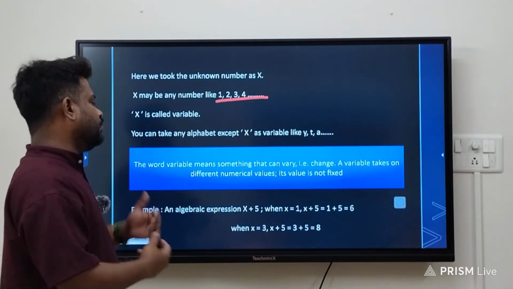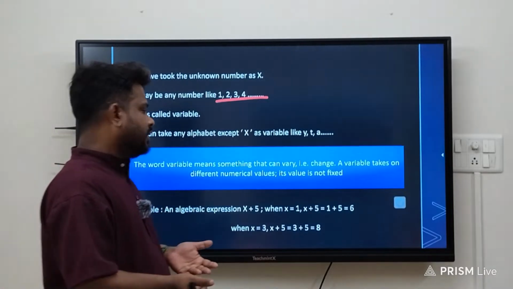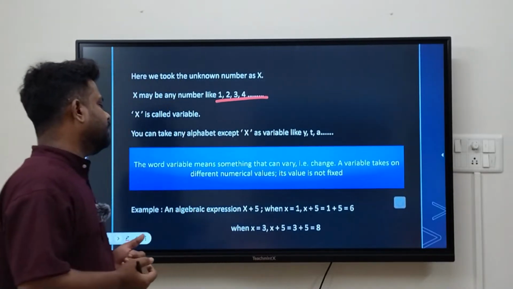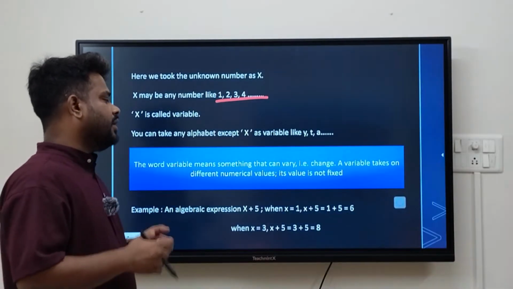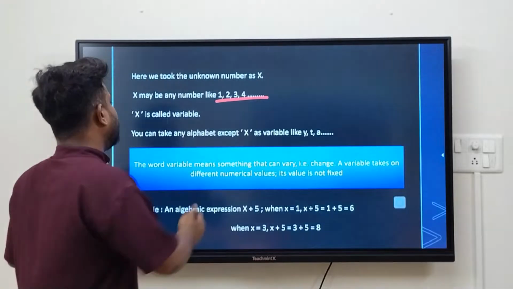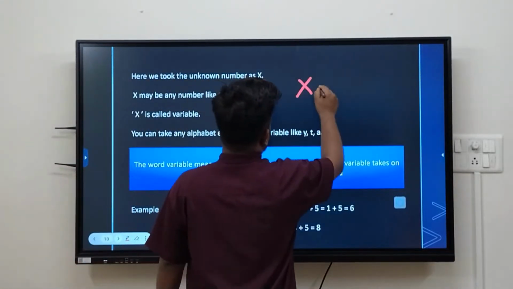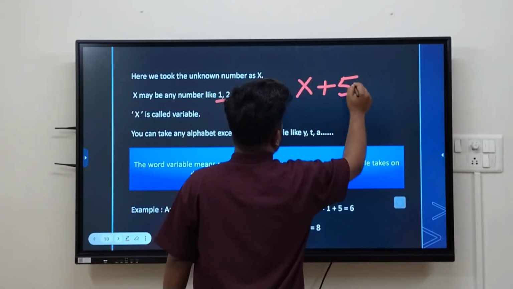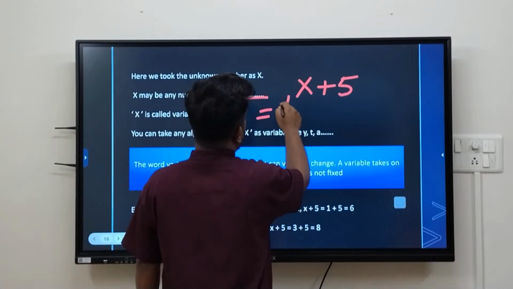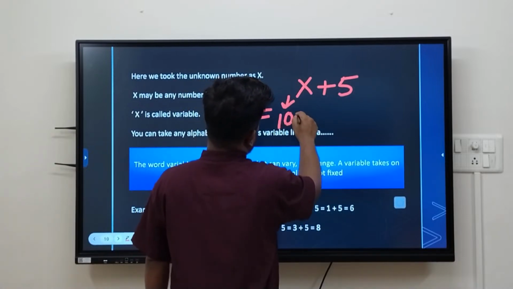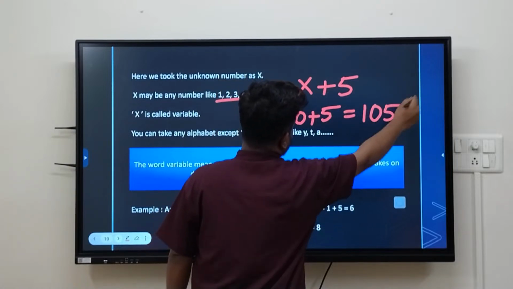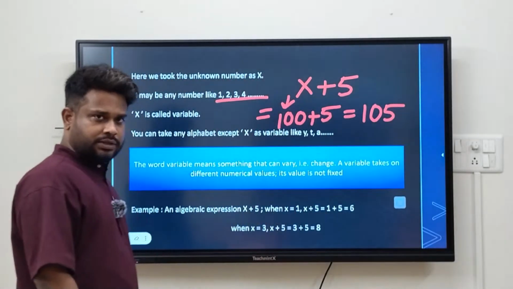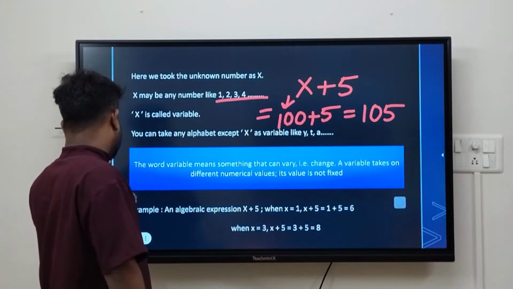If x equals 2, the value will be 7. If x equals 3, the value will be 8. If x equals 100, the value will be 105, because we are adding 5 to x. Got it? Okay, let's go to the next one.